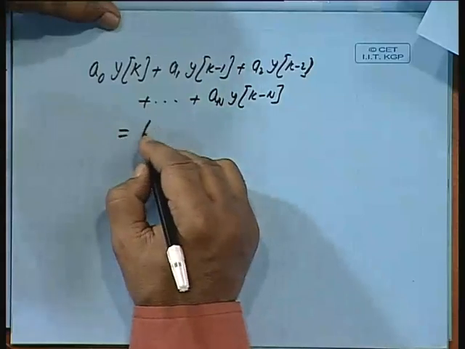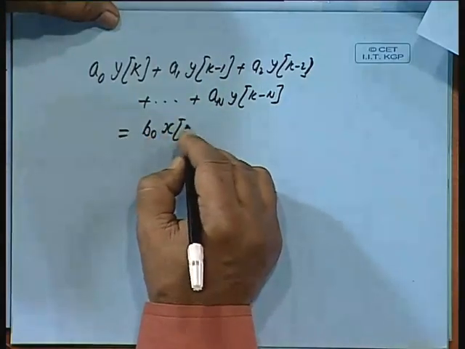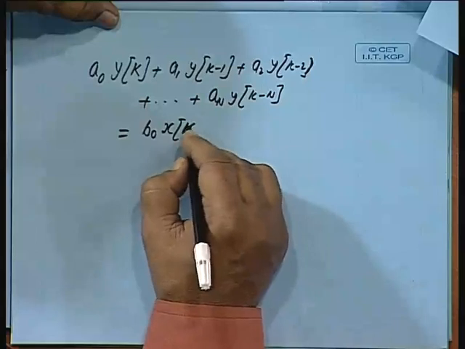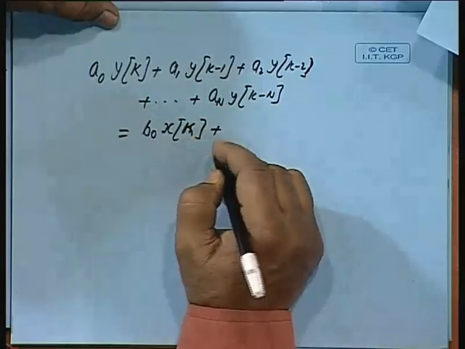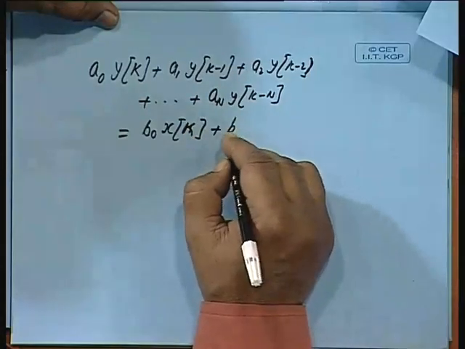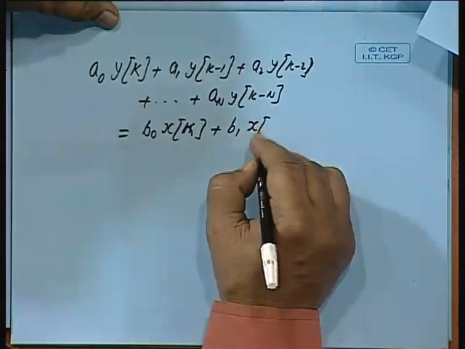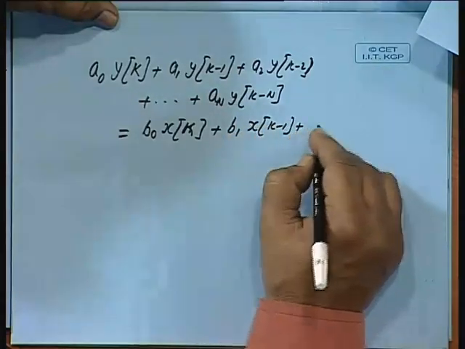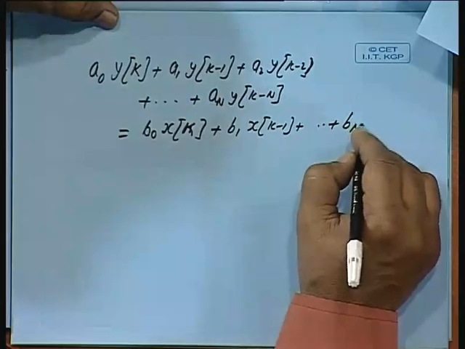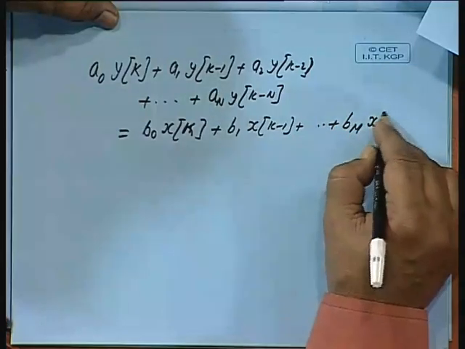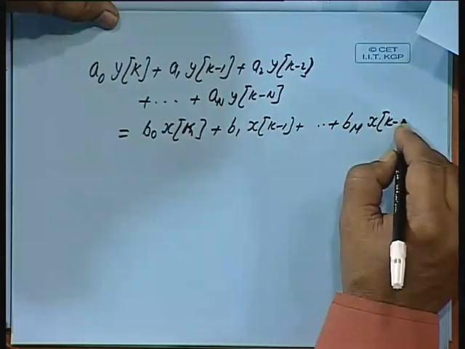On this side you have B0 xk plus B1 xk minus 1 and so on up to Bm xk minus m.